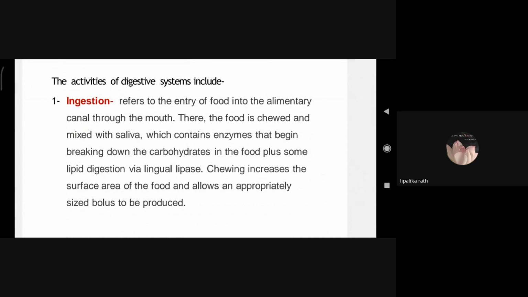There, the food is chewed and mixed with saliva, which contains enzymes that begin breaking down the carbohydrates in the food, plus some lipid digestion via lingual lipase. Chewing increases the surface area of food and allows an appropriately sized bolus to be produced. So it is very easy to understand. We have already discussed this.